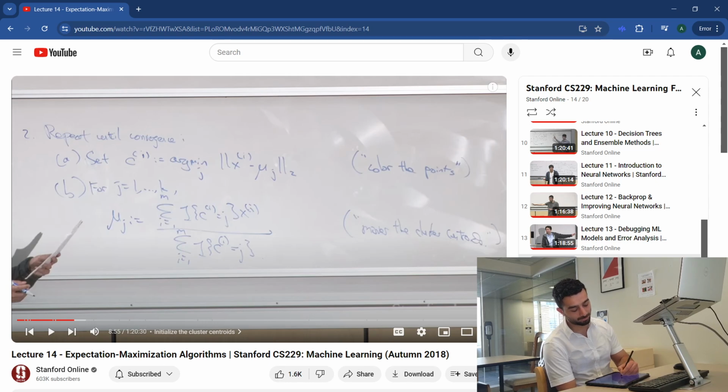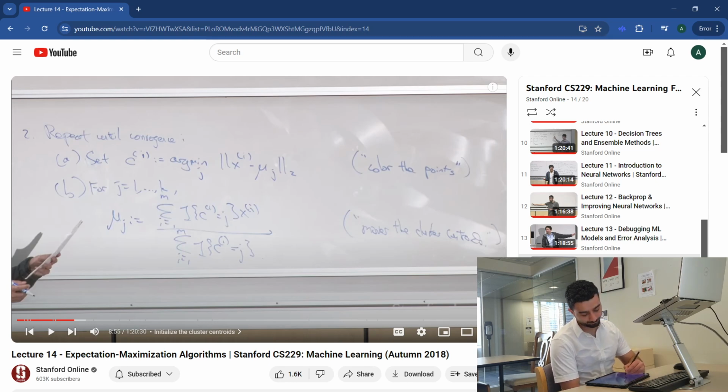We say mu j, the updated version is, well, I should not be, okay, we have k clusters, m is the number of data points. So i is 1 to m, j is 1 to k.